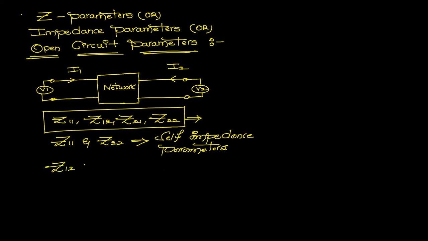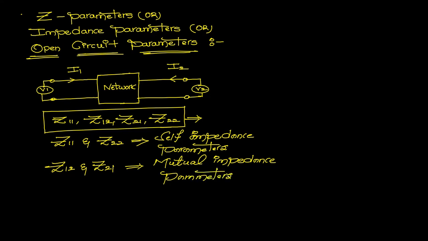But the remaining parameters Z12 and Z21 we call mutual impedance parameters, because these 2 parameters connect between port 1 and port 2. If you represent all these parameters with a network, it looks like this.